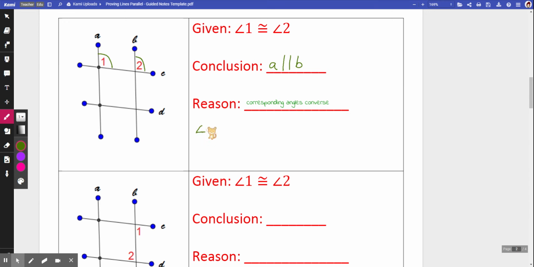I would say my statement would be angle 1 is congruent to angle 2. And my reason is given.